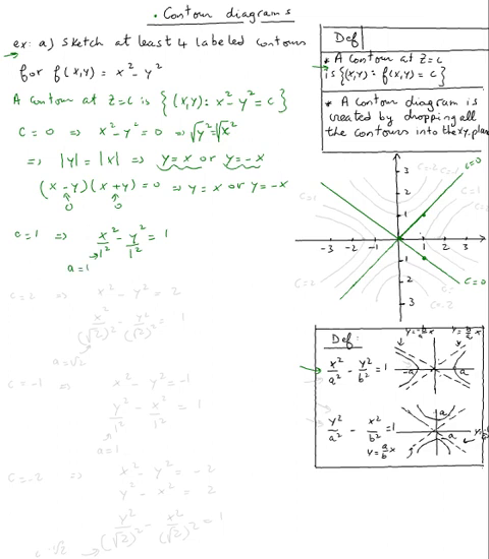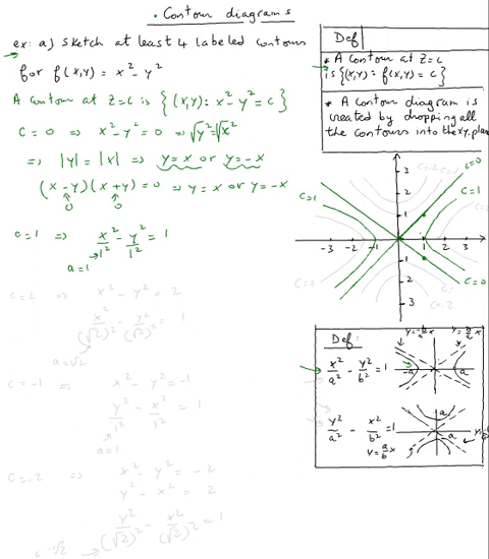So the x-intercepts, in other words the vertices, will be at x equal negative 1 and 1. So this will be the graph. This will be c equal 1.